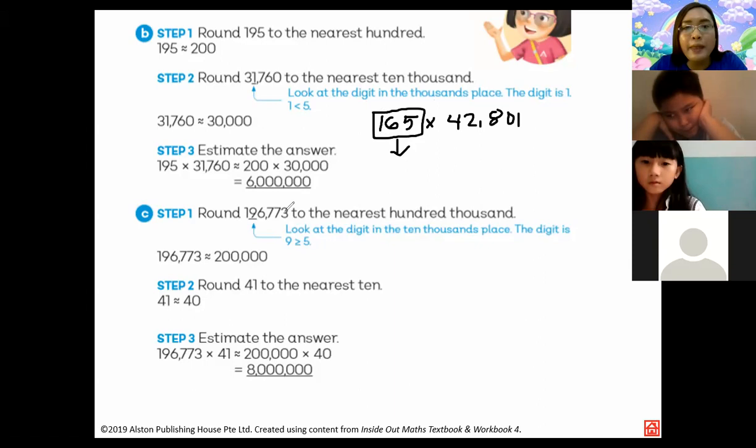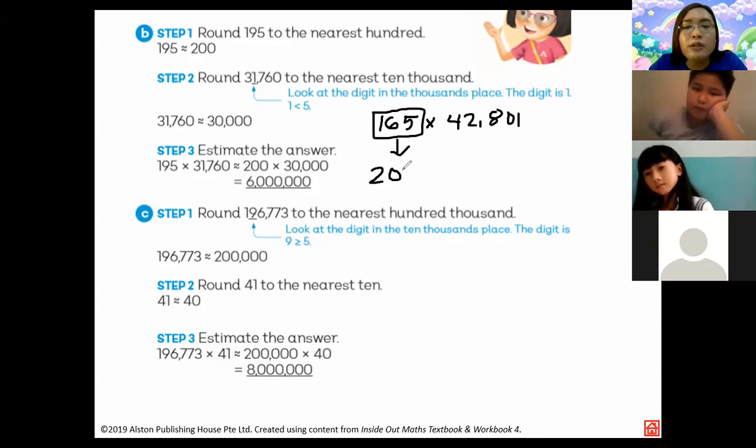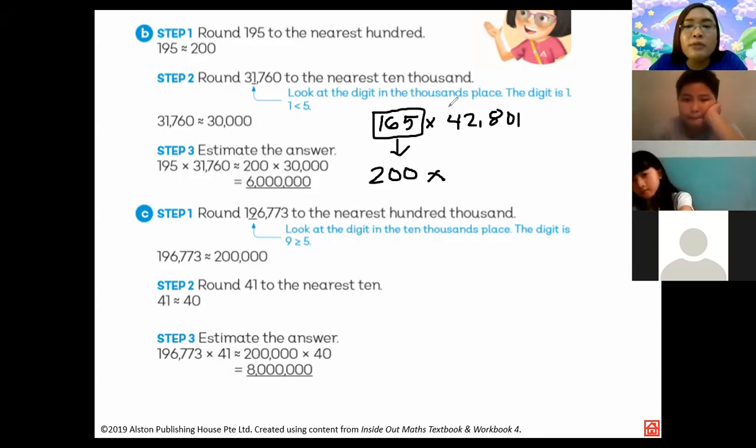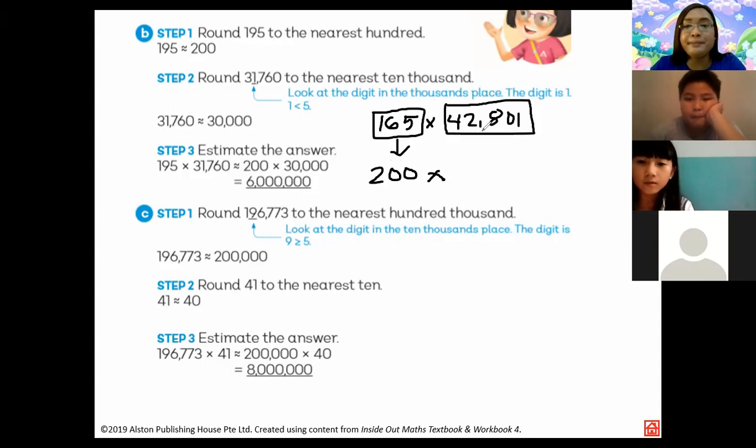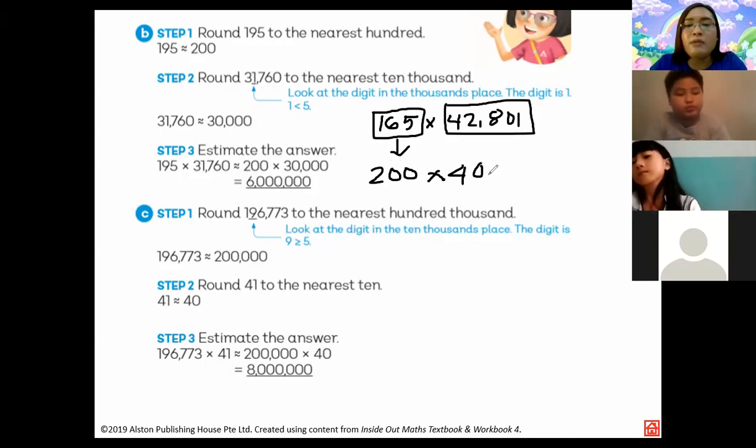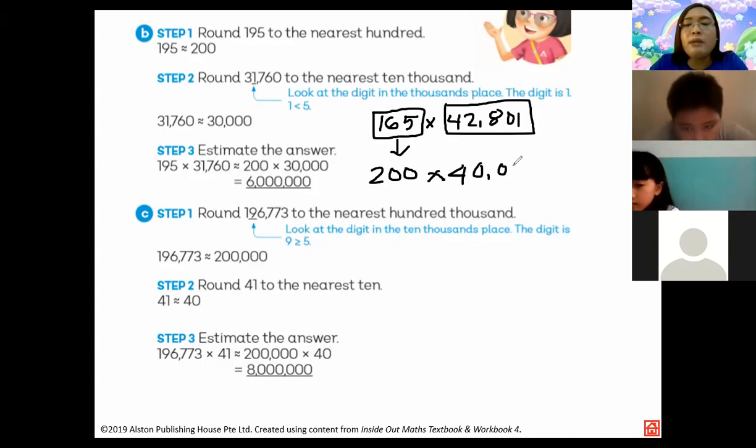That's 200. And what about rounding 42,801 to the nearest 10,000? That's 40,000. Now multiply 200 times 40,000.